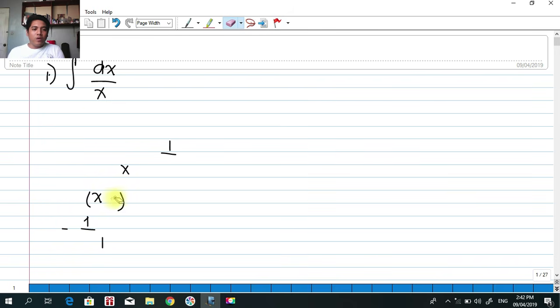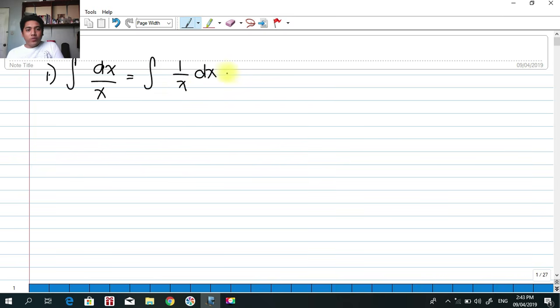Going back to our example here, we can simply rewrite the integral of dx over x as the integral of 1 over x dx. Recall that the integral is the anti-differentiation, or the opposite of getting the derivative.